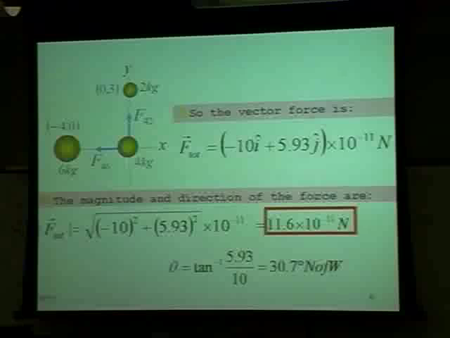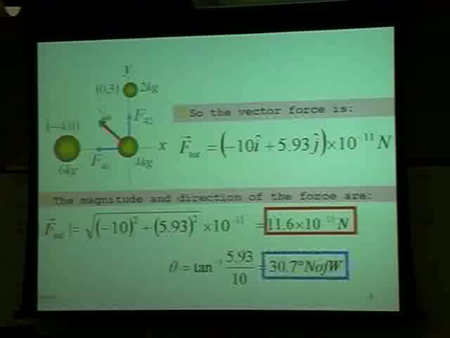So it would come up like that. If I had this situation, at least the initial movement of this 4 kilogram mass would be along that red arrow, where it would feel this total force and would start to move in that direction.